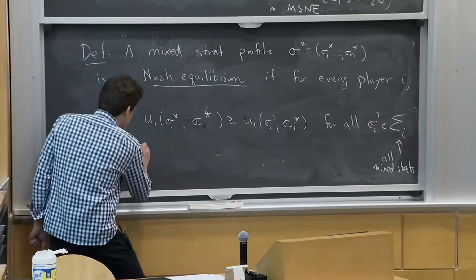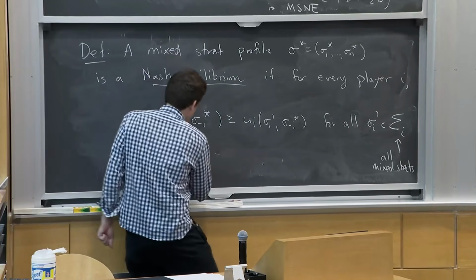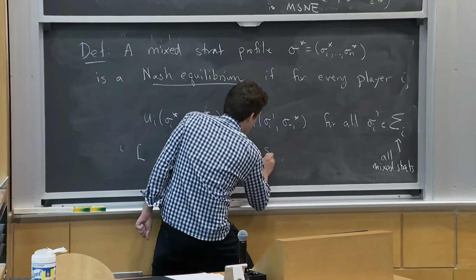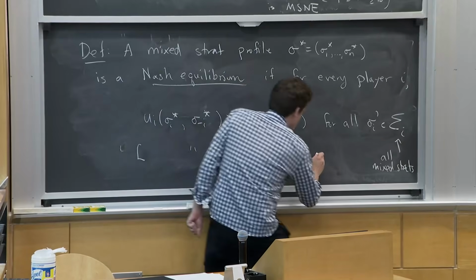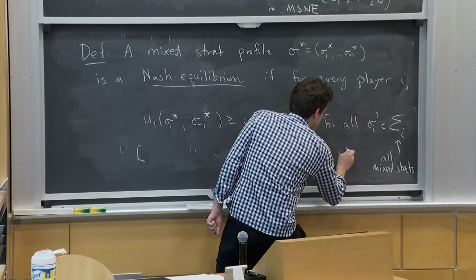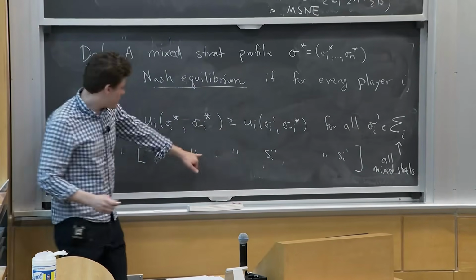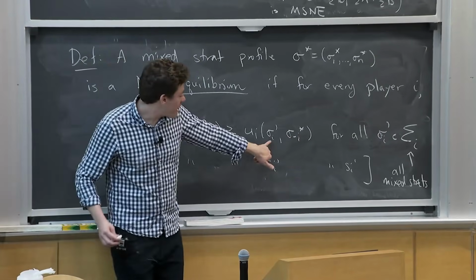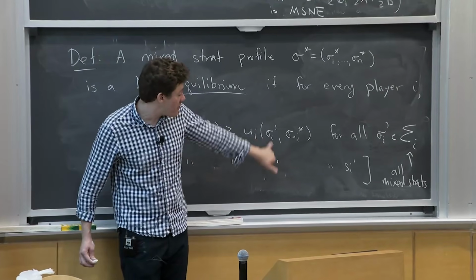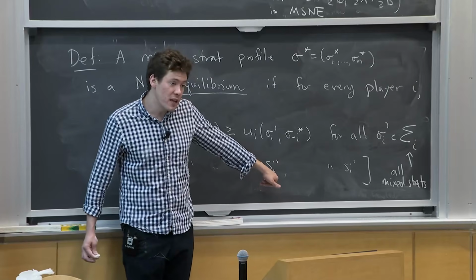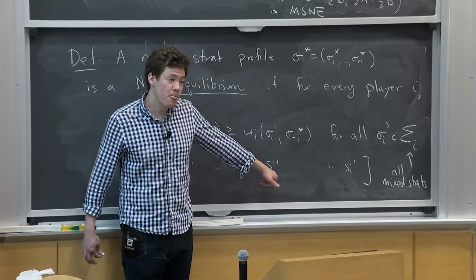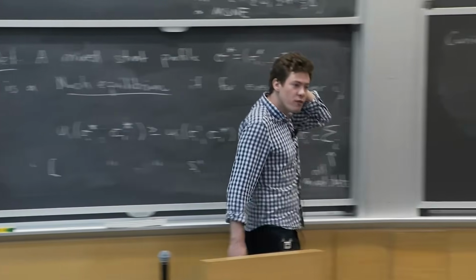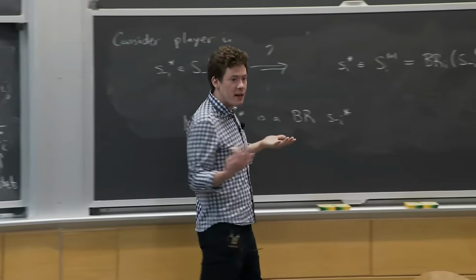So it turns out this is the same thing, but with s i prime for all s i prime. When I use the 2 dashes, I'm just saying everything else in the definition is the same, but instead of saying it must do better than any mixed strategy, I'm saying it must do weakly better than any pure strategy.